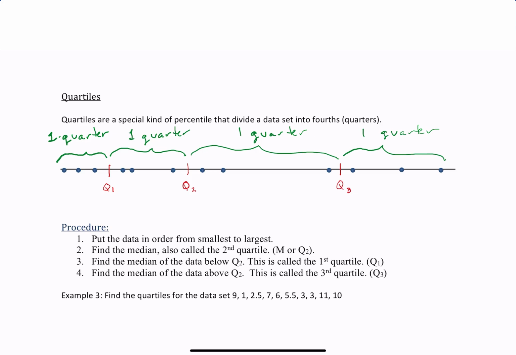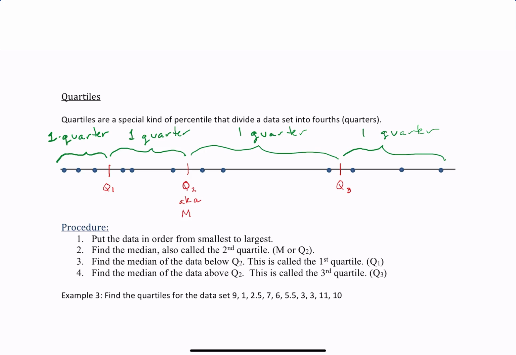So there's Q1, Q2, Q3, dividing the data set up into fourths. And hopefully you remember that there's another name for the middle of a data set where you have half the points below and half the points above. That's also called the median, which we will symbolize with an M.